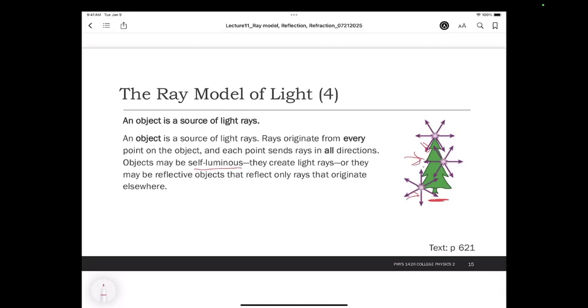Actually, other people can see our human body because our body can reflect the light in different directions. We are reflective objects. We can reflect the rays that originate elsewhere, such as sunlight or the light from a bulb.